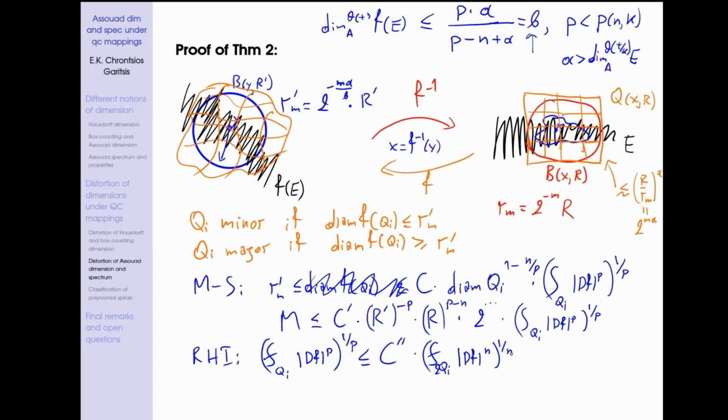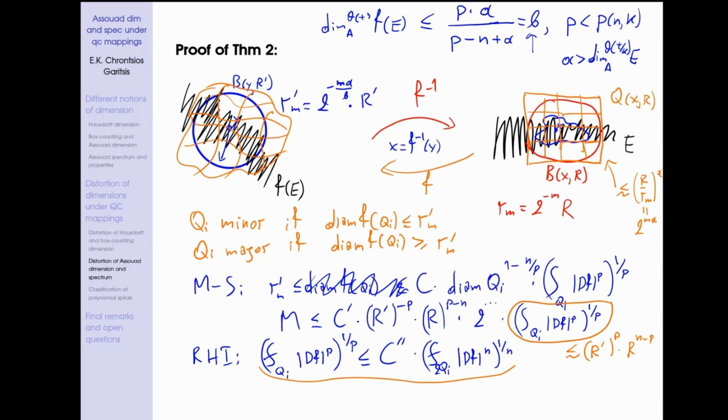Now we can use this estimate, and this is the trick for the Assouad spectrum in our proof, to bound this integral by some constant times exactly what we need to get rid of the scales. So this is bounded by something like that.